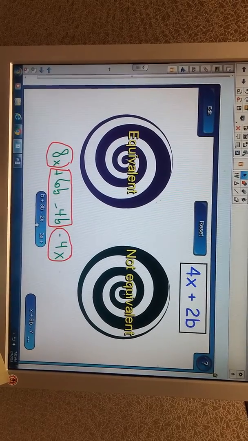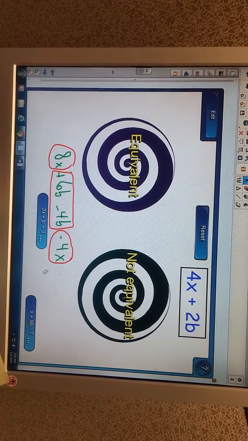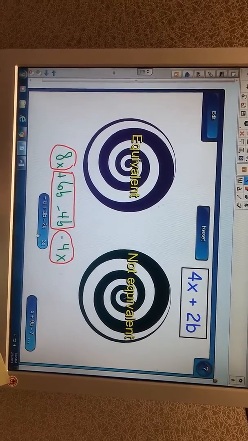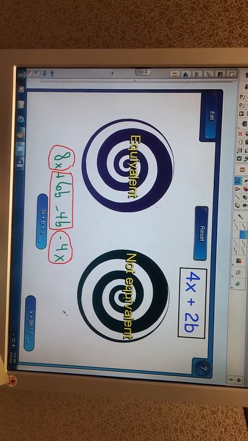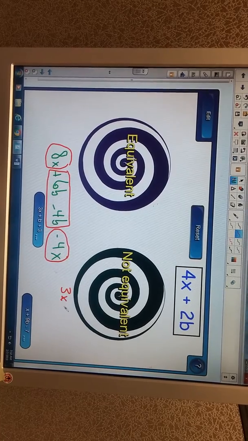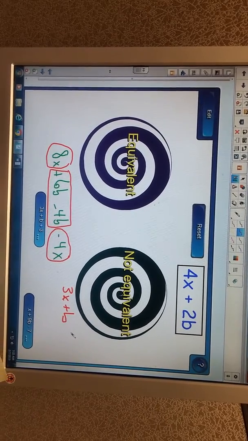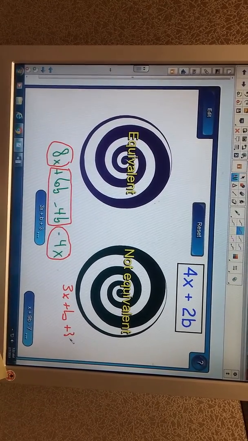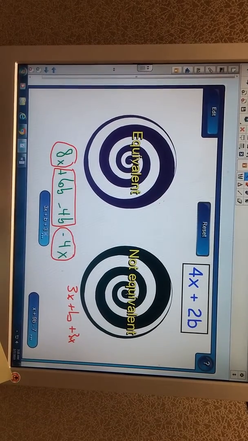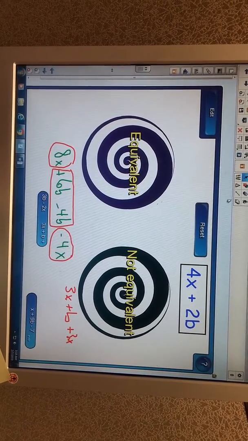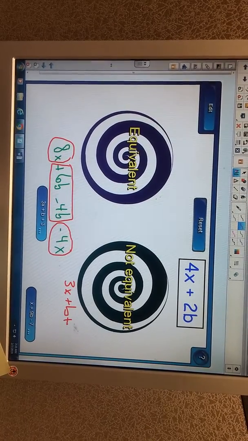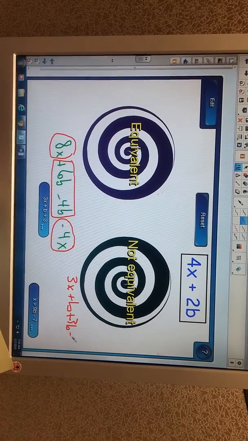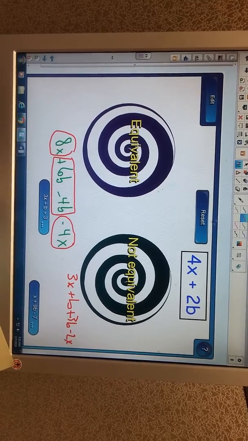That is what we're looking for. Here it is. I'll scroll this one out. It says 3x plus b plus 3b minus 2x.